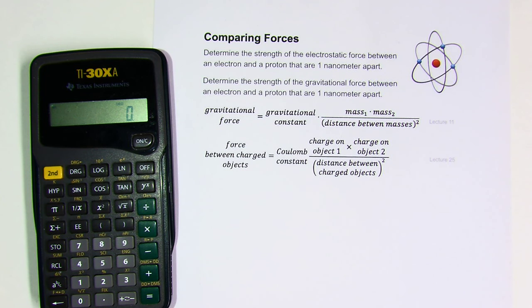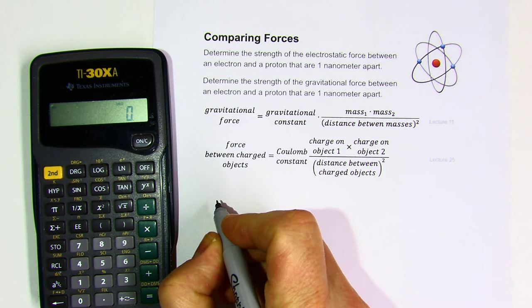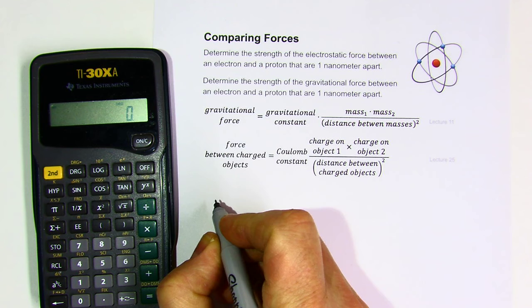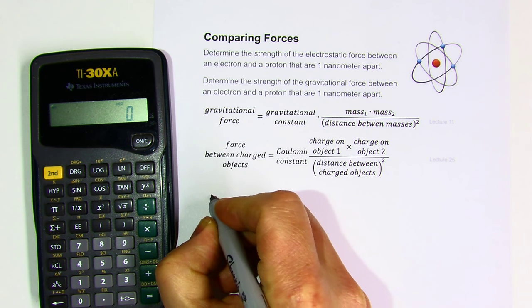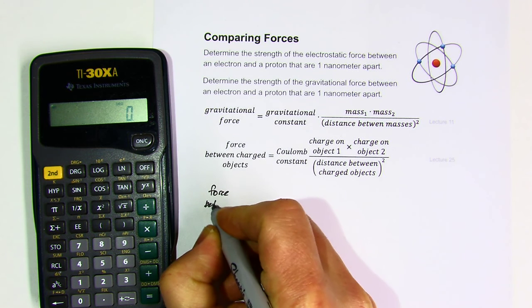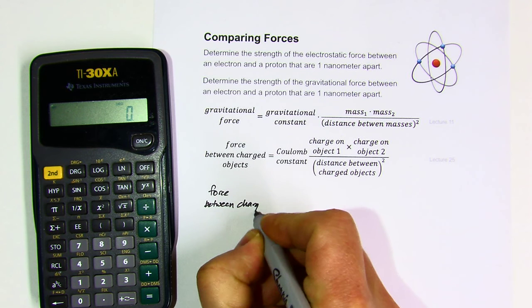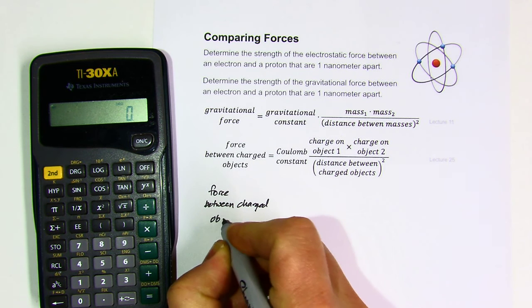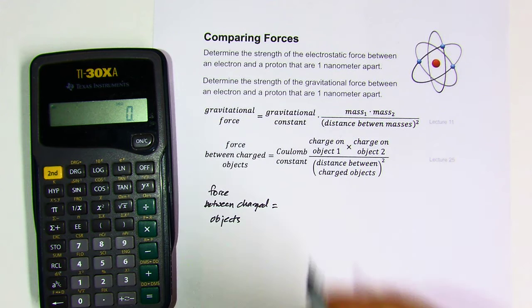So there's a bunch of stuff that you either need to look up or Google in doing this. If this were an exam, those numbers would be provided on the exam. But the force between charged objects is equal to a Coulomb constant.